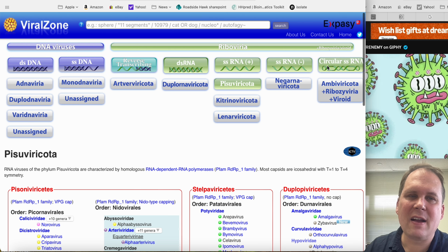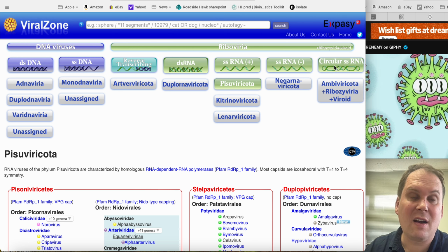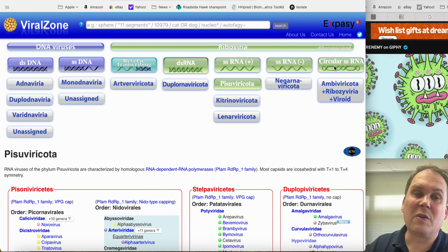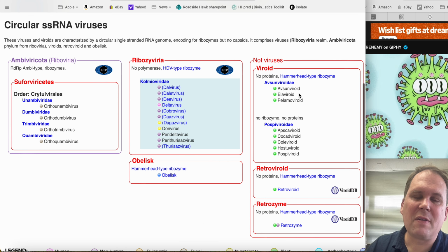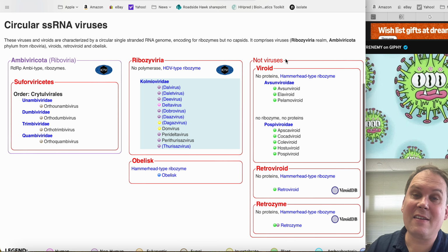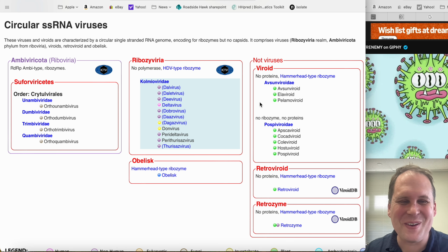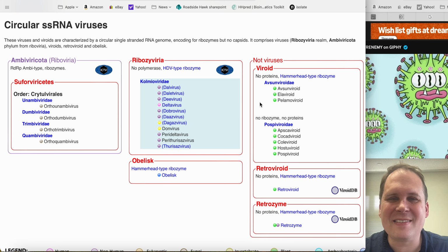You got all your negative viruses, your circular single-stranded RNA things, which are going to include basically viroids, and also some of these other groups. Yeah. And so some of your viroids will be in here, and they're listed as not viruses, and darned if they aren't on ViralZone, listed amongst the viruses.